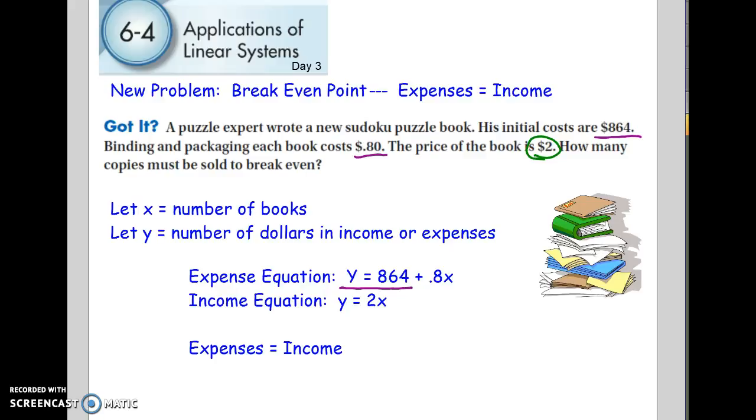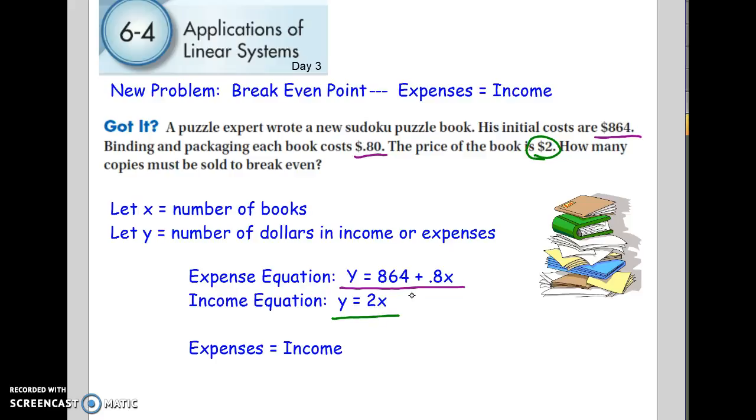So here's our expense equation. Y equals the money equals how much he's spending equals $864 one time plus 80 cents per book, 0.8x. Now the income, which is $2 per book, how much he's going to make every time he sells a book. So Y equals the amount of money that we're going to gain, $2 per book, 2x.